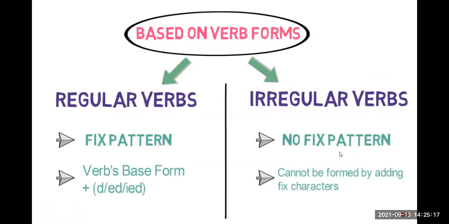They don't have a structure that we need to follow. And they cannot be formed by adding fixed characters. Okay, no podemos formarlos añadiéndoles solo algunas reglas. Entonces solamente lo que podemos hacer es aprendérnoslos. Ok.